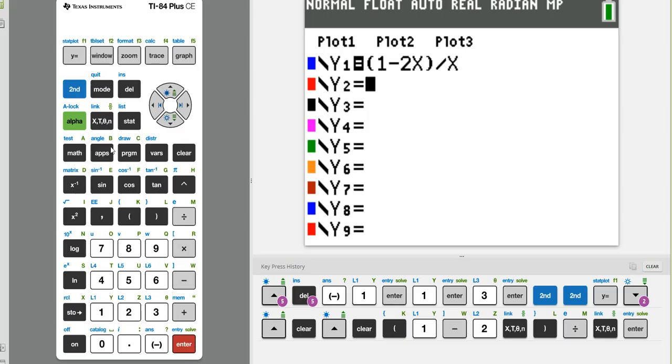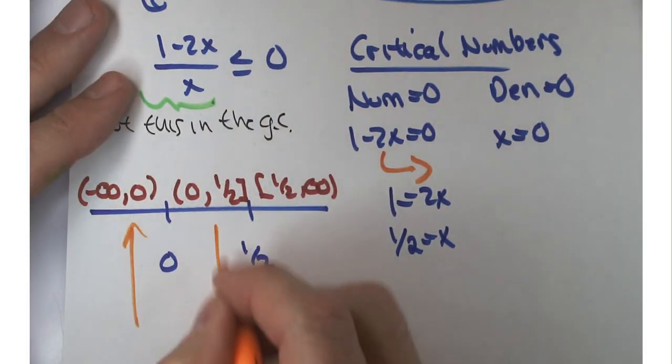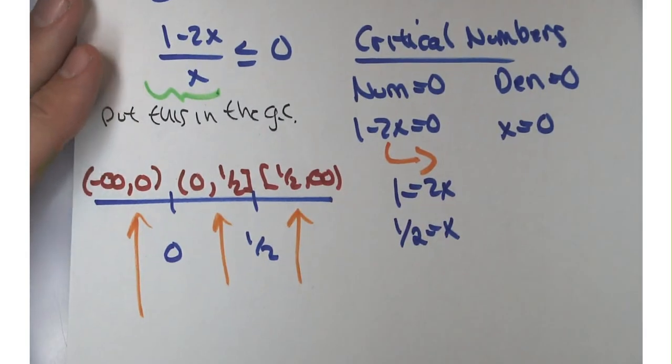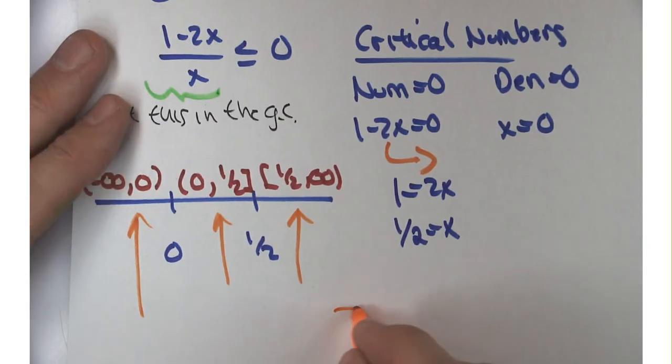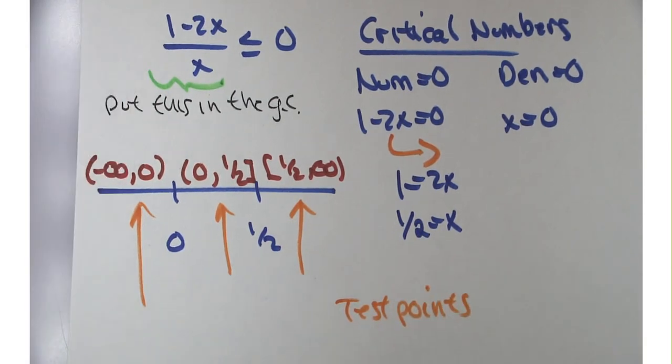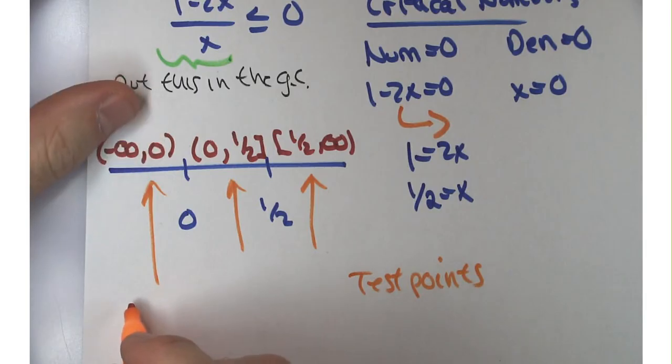You're going to need to give yourself some test points. So why don't you see if you can come up with a few test points and then decide which interval or intervals you want here. Josh, some test points? Can you do negative 1/2?